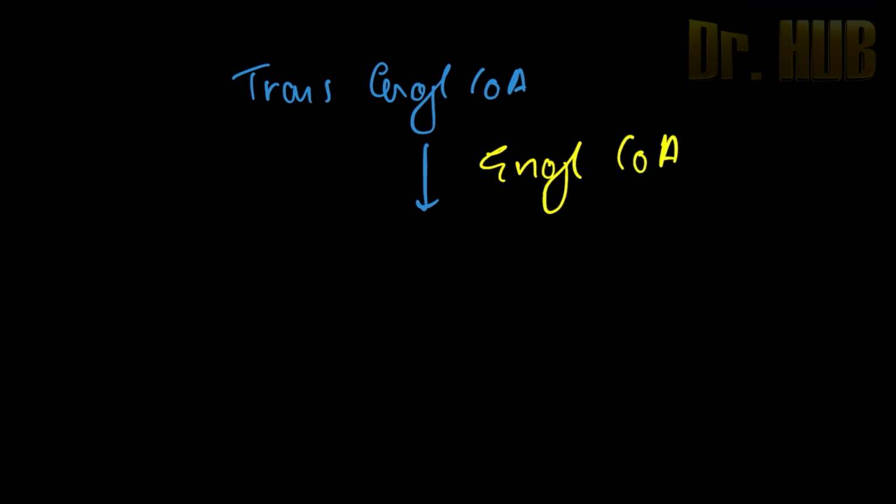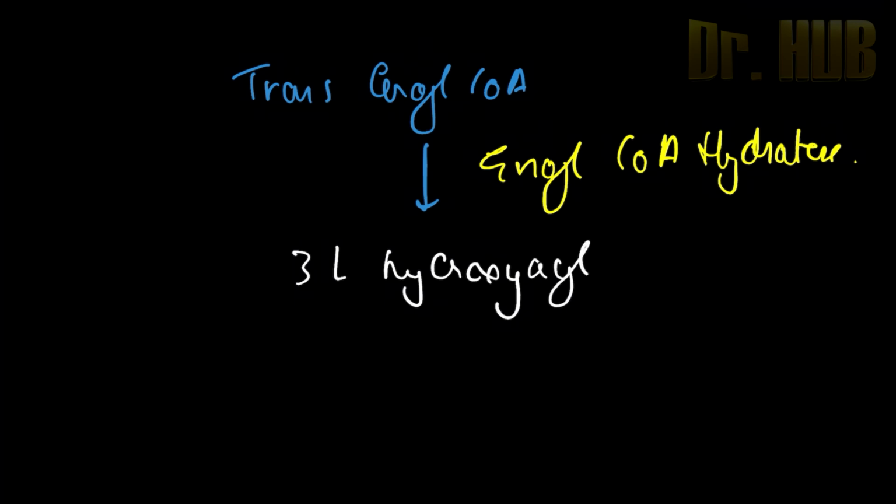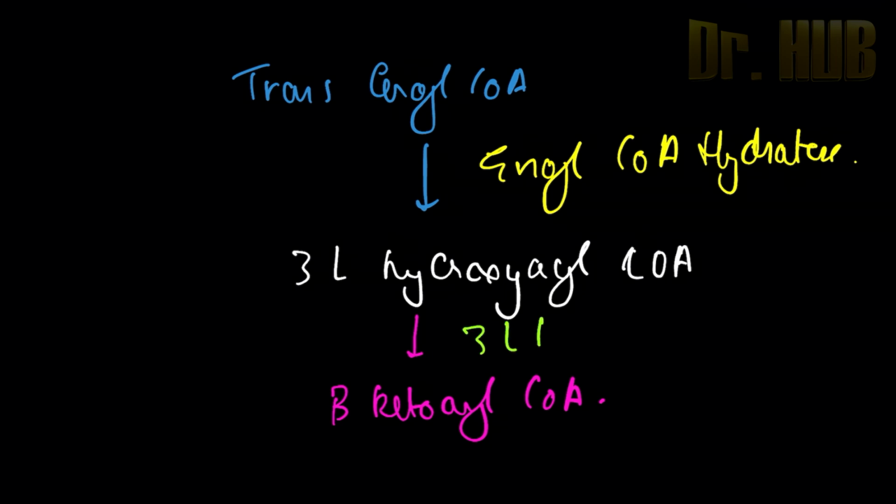Next, the trans-enoyl CoA, in the presence of enoyl CoA hydratase, forms the 3-L-hydroxyacyl CoA. The 3-L-hydroxyacyl CoA again forms the beta ketoacyl CoA, in the presence of the 3-L-hydroxyacyl CoA dehydrogenase.